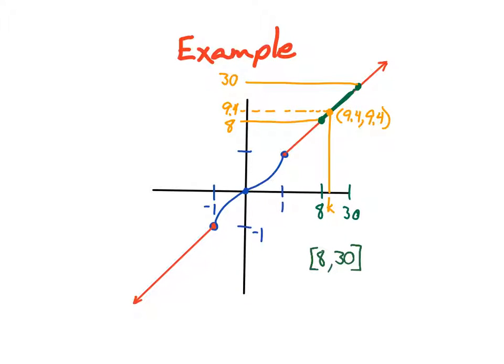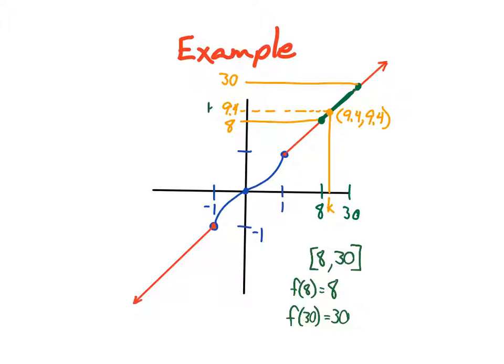You can pick any, as long as it's continuous on that interval. So f of a, which is f of 8, equals 8 in this case, and f of 30 is 30.